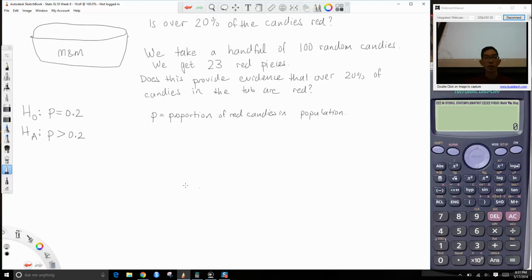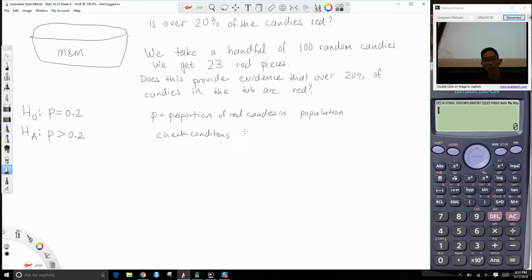Okay, so under step 2 we can do the prepare, but we'll check conditions and I didn't say how many candies are in the tub, but we'll say there's lots and lots of them, okay?